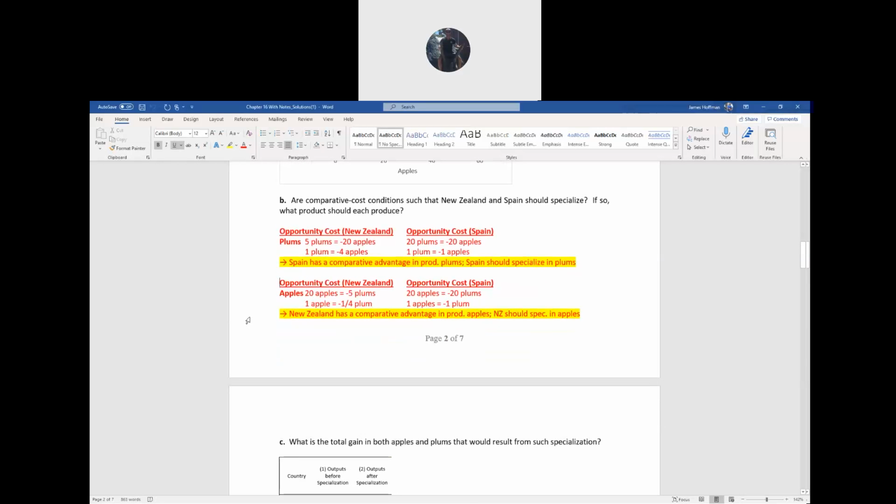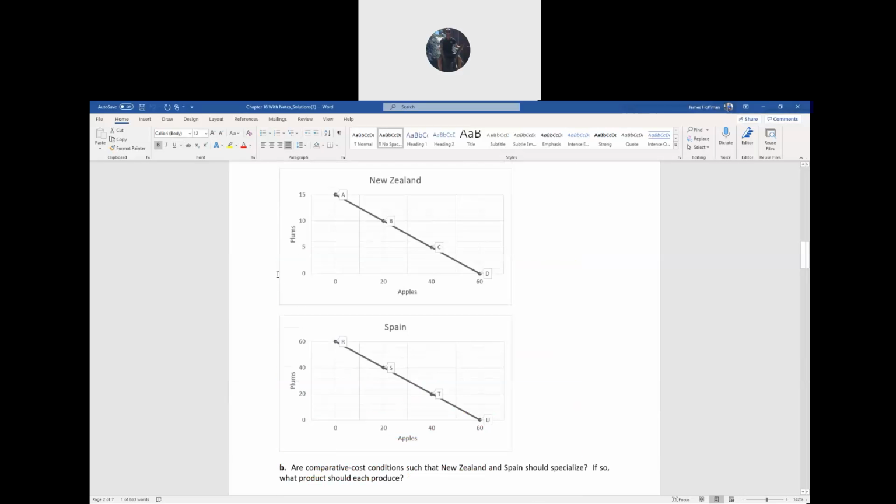Now, you know if you did it correctly that if one country produces one thing, then it's probably likely that the other country is going to produce the other, but you have to double check to make sure. So let's do apples. New Zealand. You can either go back to the chart or you can flip this around. Let's just look at the chart.